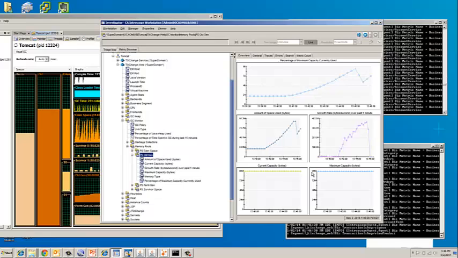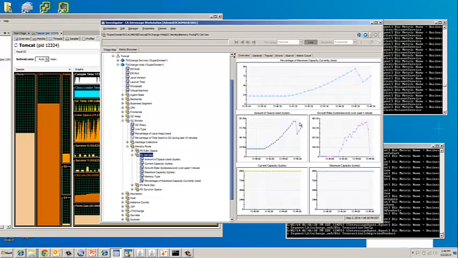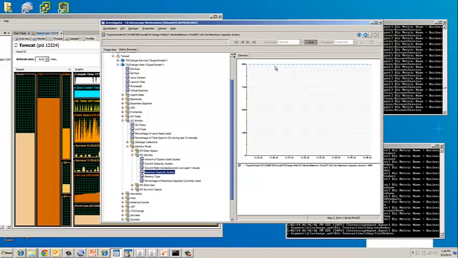The amount of space being used, I can see that I've gotten up to 95, and then I garbage collected. So there's my 96. This is the boundary of this memory pool, and then how much memory is being used.